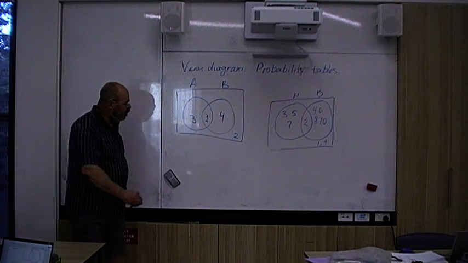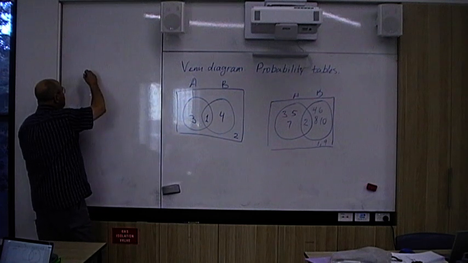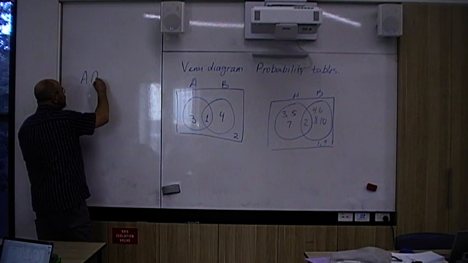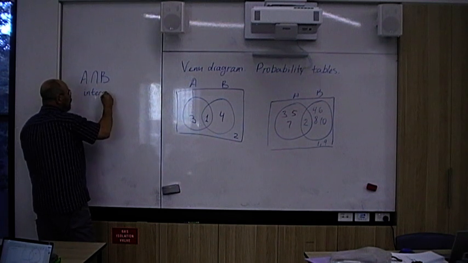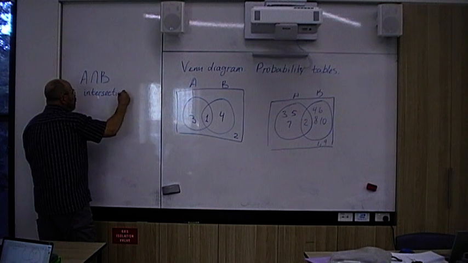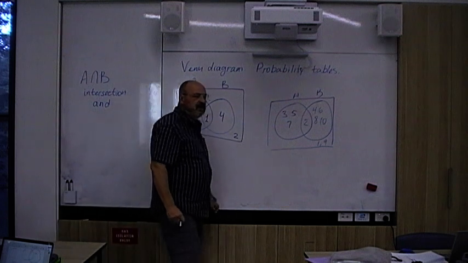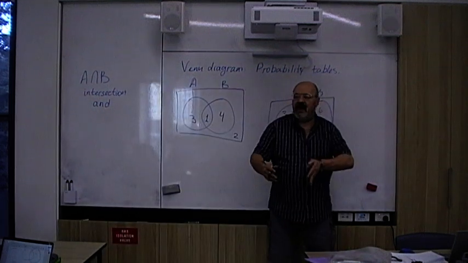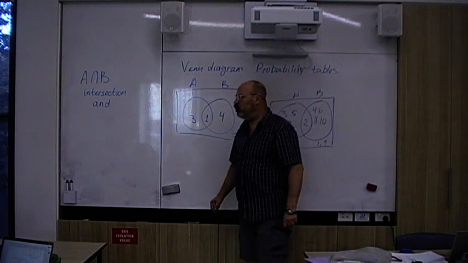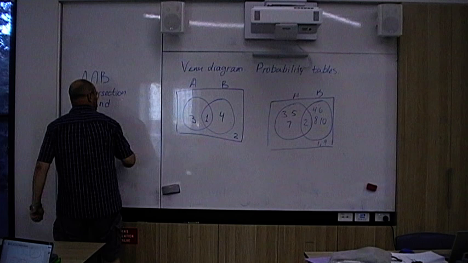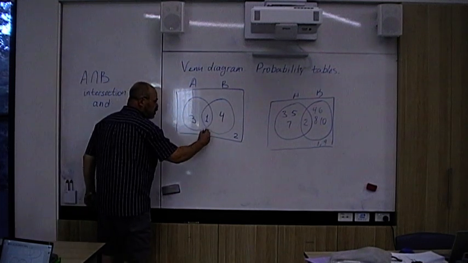So, now let's introduce the idea of intersection. A intersection B, or you can say A and B, means what is in A and in B. So we have only one number in the intersection.